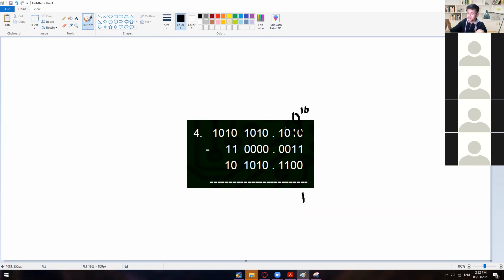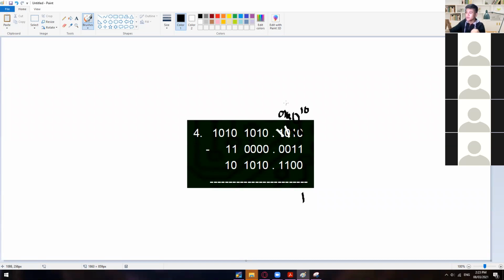But then this 0 doesn't have anything, so this 0 will have to borrow for us to be able to borrow. Okay? So let me just erase this one. So white is much better. So this 1 will become 0. And then this 0 will become 10. So from there, we now have a value of 10. So we can now borrow from this one.